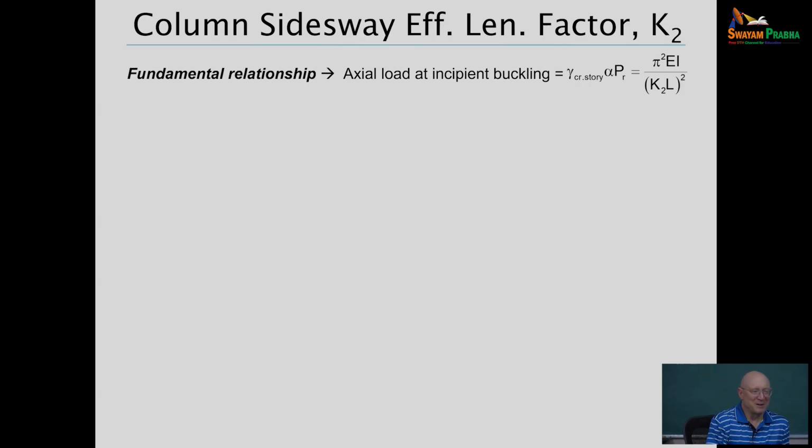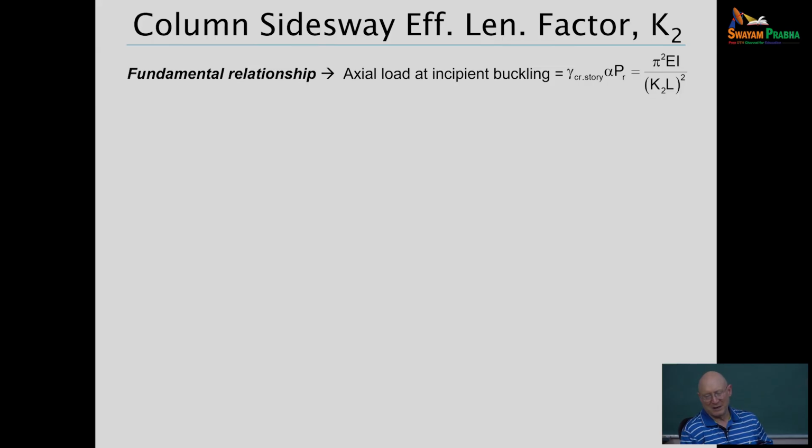With that said, let's talk about getting a side sway effective length factor. Whatever you're doing, non-sway or side sway, it really just comes down to what I'm showing you at the top of the screen. You take your axial load in the member at buckling. There are 1,001 different tools, charts, and equations you can use to estimate that load.